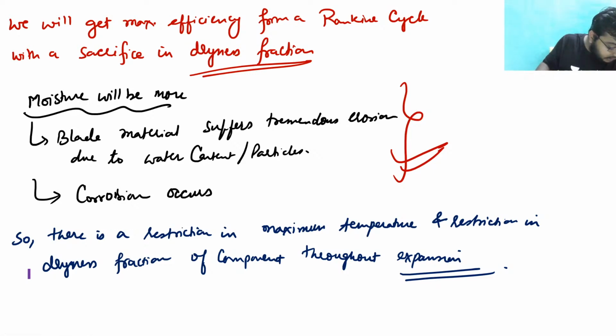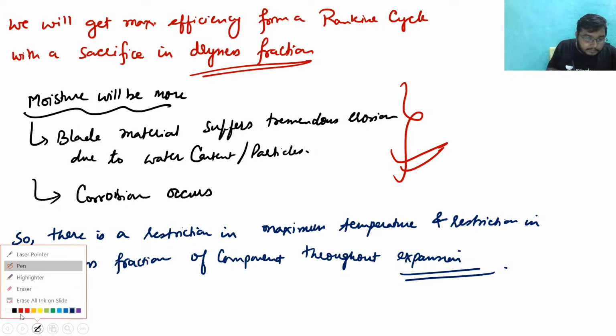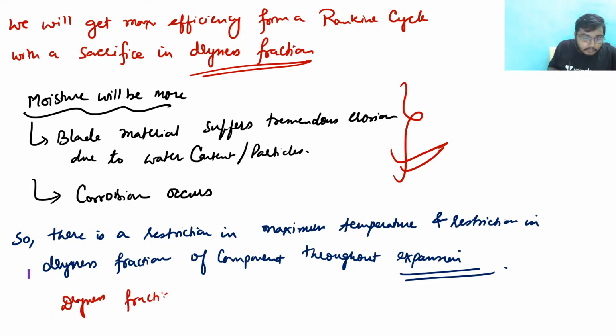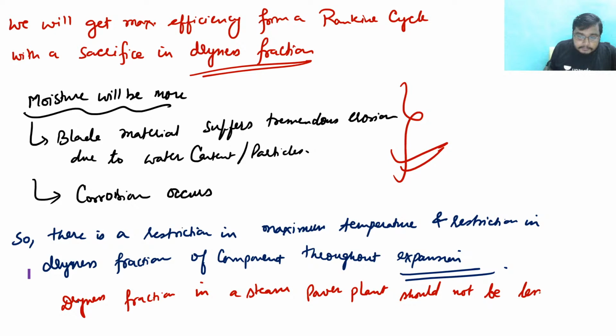Because at the end of expansion there is liquid and vapor, but liquid content should not be more than 12%. Approximately, let me write it here: dryness fraction in a steam power plant should not be less than 0.85.